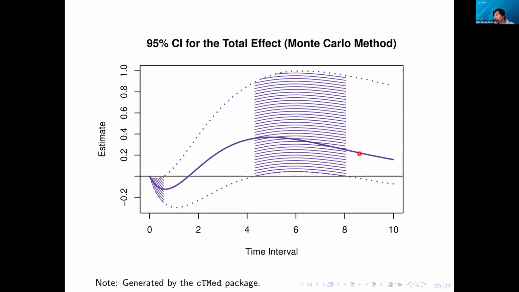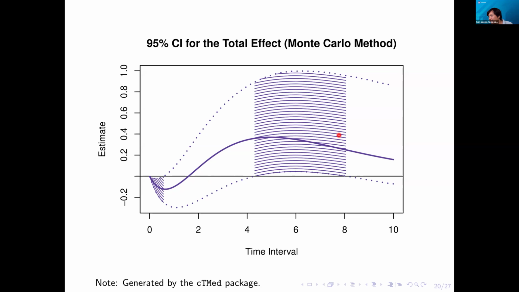So we introduce regions of significance by introducing color to it. For time intervals where the confidence intervals contain 0, there's no color. You see here, there's no shading. But for time intervals where 0 is not contained in the confidence intervals, you can see shading.